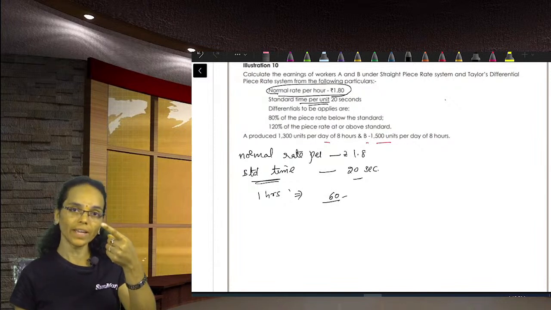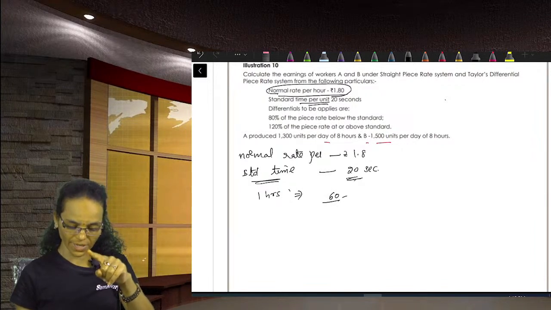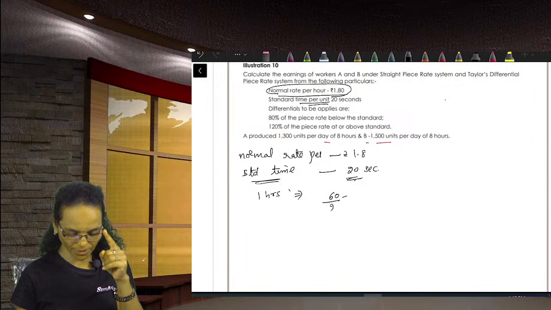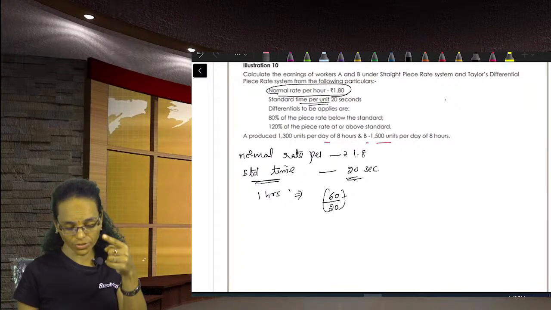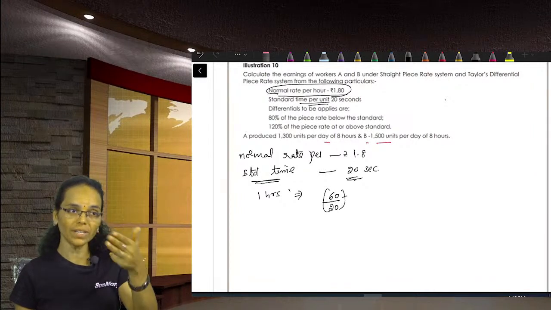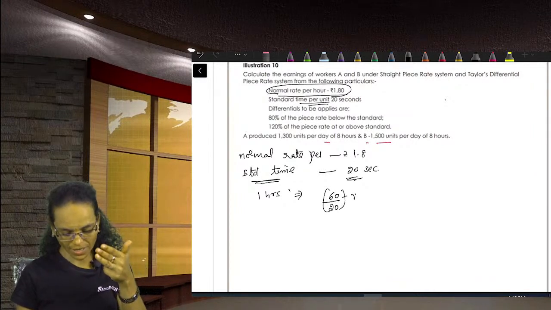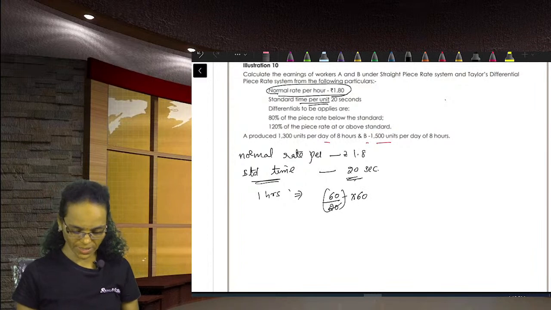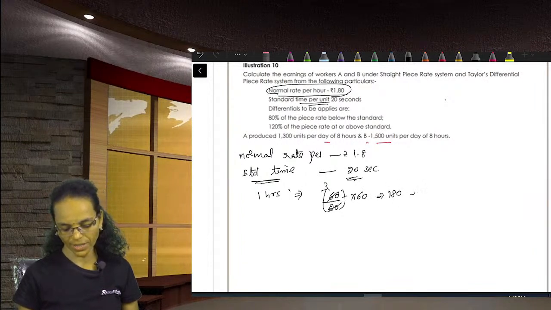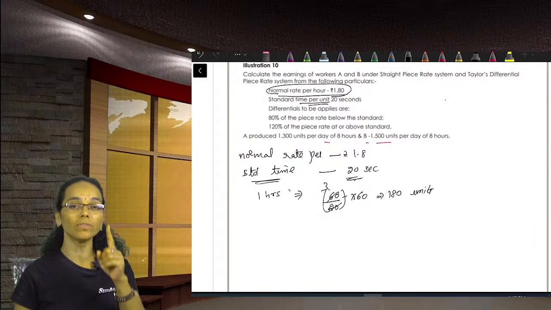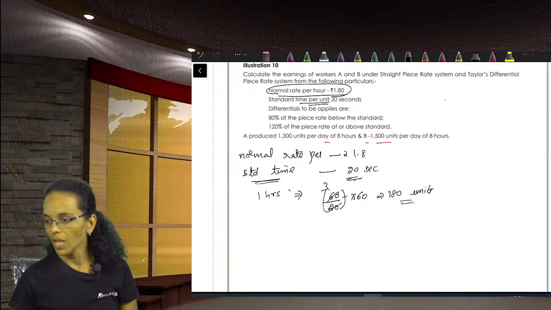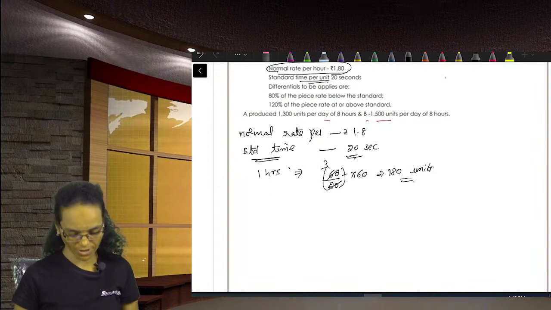So in 20 seconds, if you are producing 1 unit, in 1 minute you are producing 3 units. We have 60 minutes in 1 hour, so that is 180. 180 units need to be produced in 1 hour.